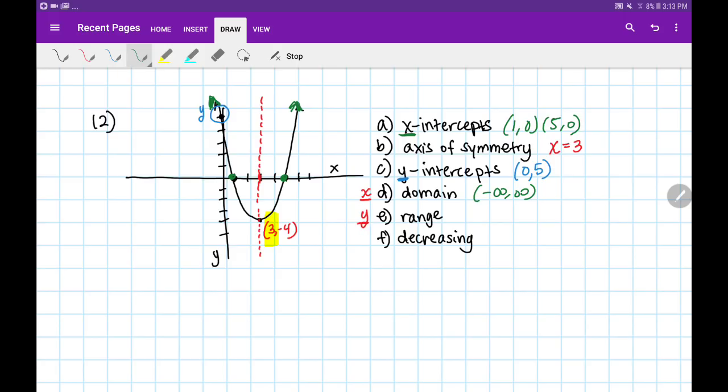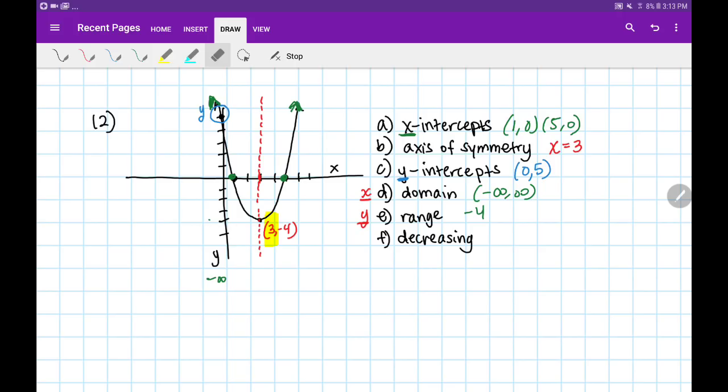So you need to scan this graph from the bottom to the top. Okay, does my graph exist down here where y is negative infinity? No, it doesn't. It doesn't actually begin existing until right around here, correct? So the y value that it starts at is negative 4, so from bottom to top.